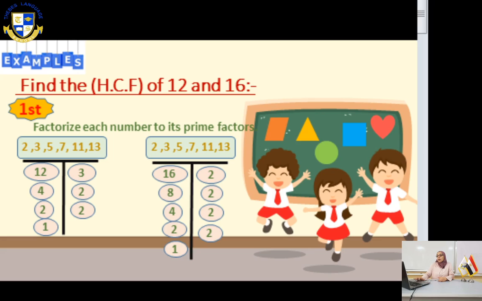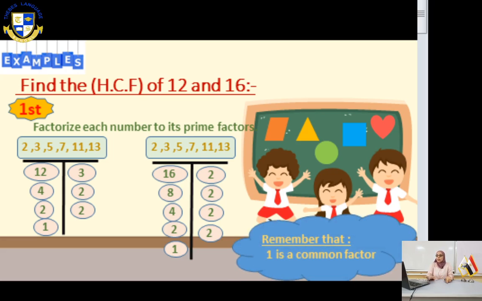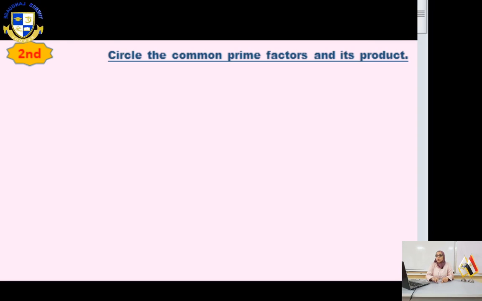Now what are the prime factors of 12 and 16? Write them under each other like that in the second step. Write 12 equals 2 times 2 times 3. But be careful, when we write the prime factors of any number, we can't write different numbers under each other. It must be the same.